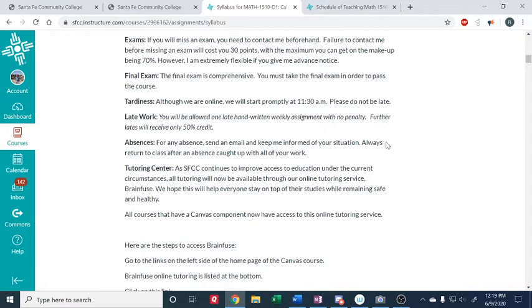And again, I talked about this yesterday. If you have a situation though where you need additional flexibility, you have kids or a job or something like this, just let me know. But you have to let me know at the beginning of the semester, or as soon as your job situation changes, and then I'll give you all the flexibility you need if that's the case. Absences, anytime you're absent, I always want to be informed.